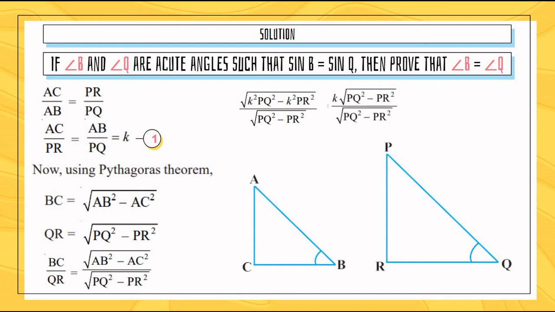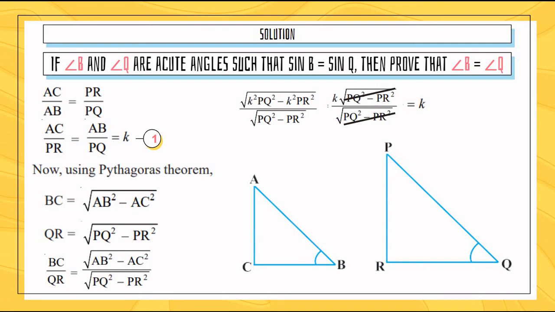If we take it common and bring it out of the root, before it was K square, so it comes out as K. So finally it would be K root of PQ square minus PR square divided by root of PQ square minus PR square. Now we can cancel root of PQ square minus PR square from both the numerator and the denominator, and finally we'll get the value as K.